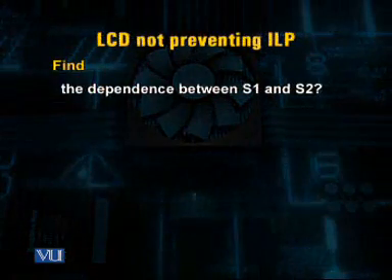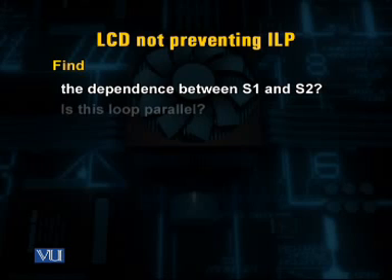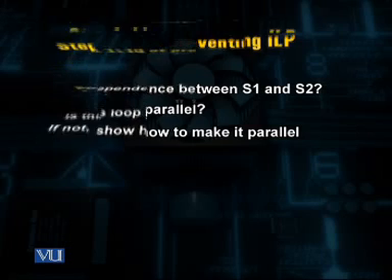In order to analyze this example, we have to find the dependence between S1 and S2, and find whether this loop has parallelism or not. And if it does not, then we have to see how we can make it parallel. So for this purpose, we will take the following two steps.